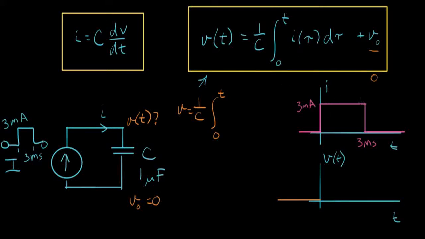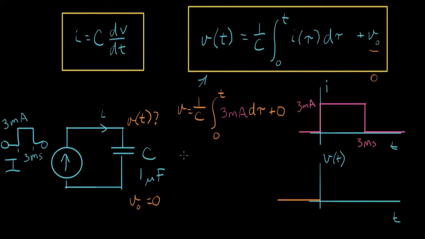I is a constant, so we write in 3 milliamps d tau, plus, don't forget the starting voltage. What's our starting voltage? Well, we look right here, and the starting voltage is 0.